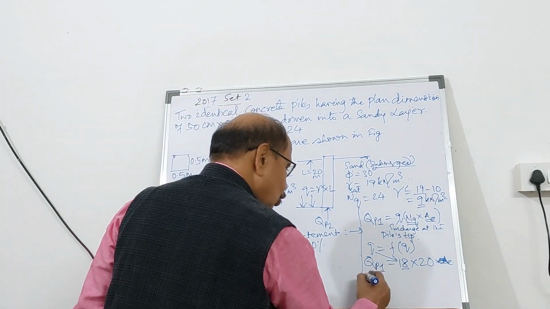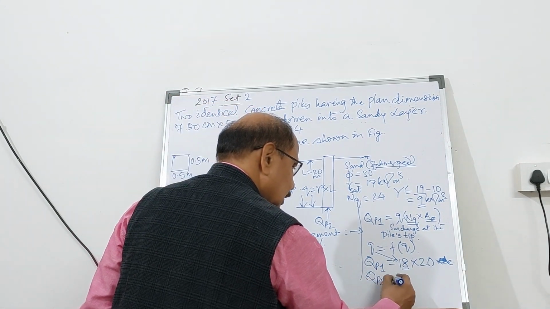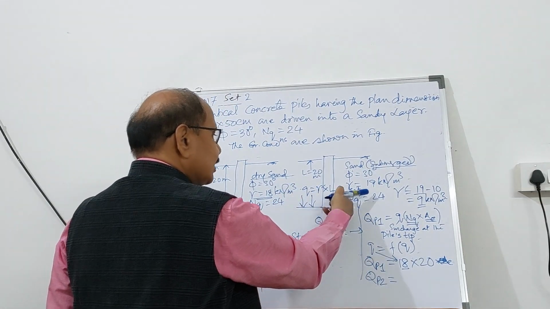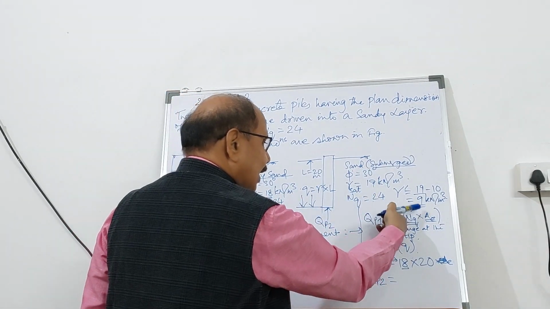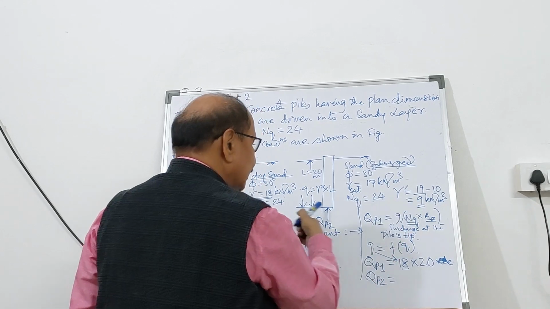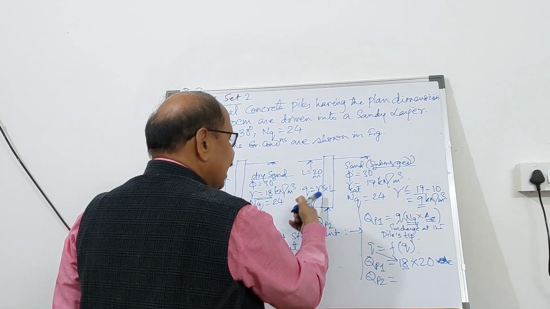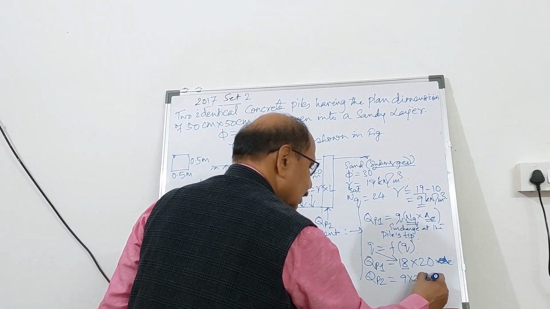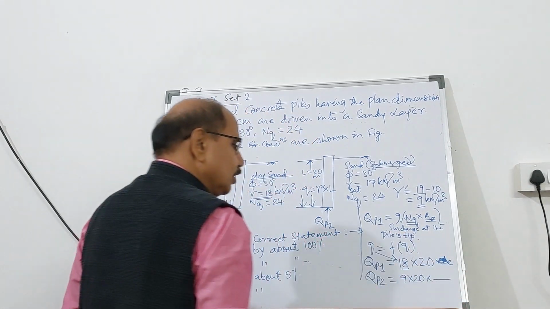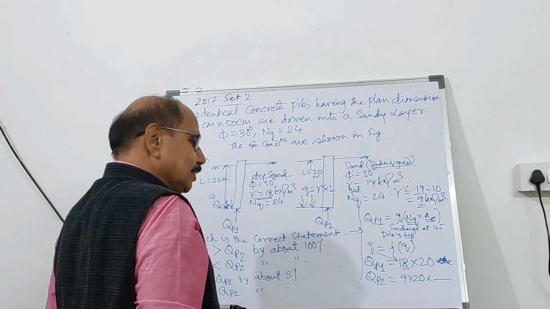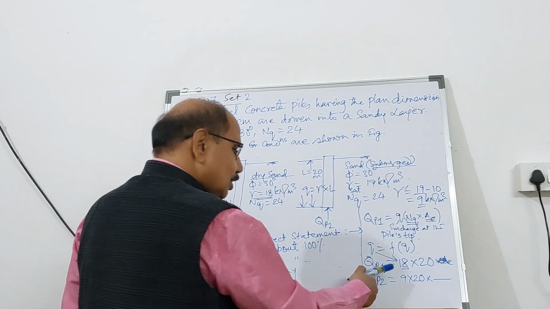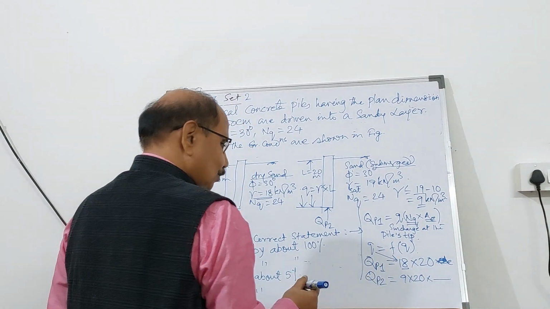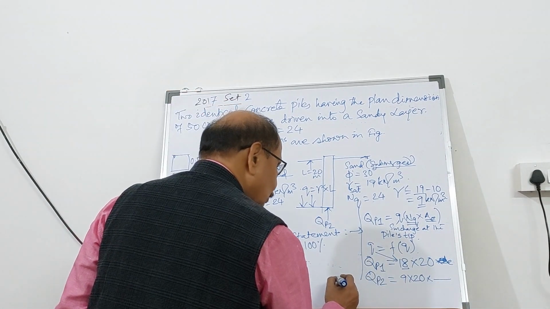So here it is QP2. Now, in QP2, in the second condition, because it is submerged, gamma prime is going to be 9. So here it will be gamma prime into L. So 9 times 20 into NQ into A. So QP2 is half of QP1.